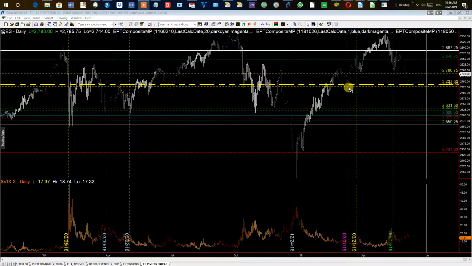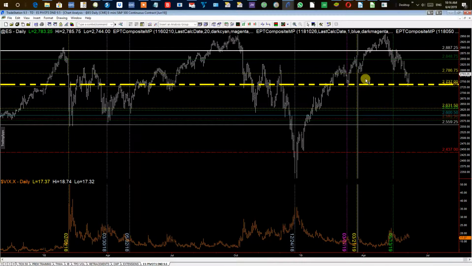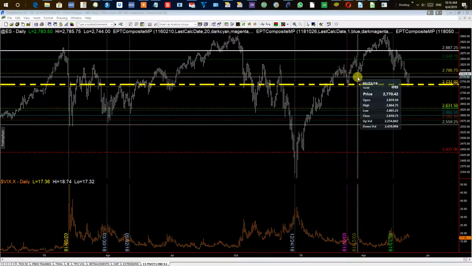So here again, we had another low pivot in March 2019, so we back it off one day. Here, we have a low pivot, and we backed it off 2 days. Now, part of the reason for that, sometimes the indicator has difficulty identifying the date, especially if it's on a Friday.